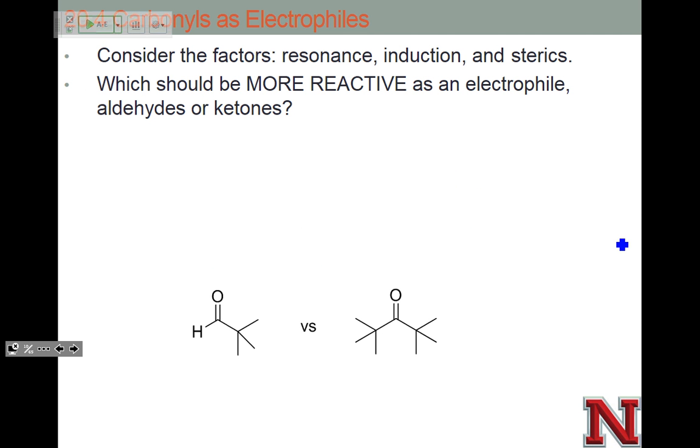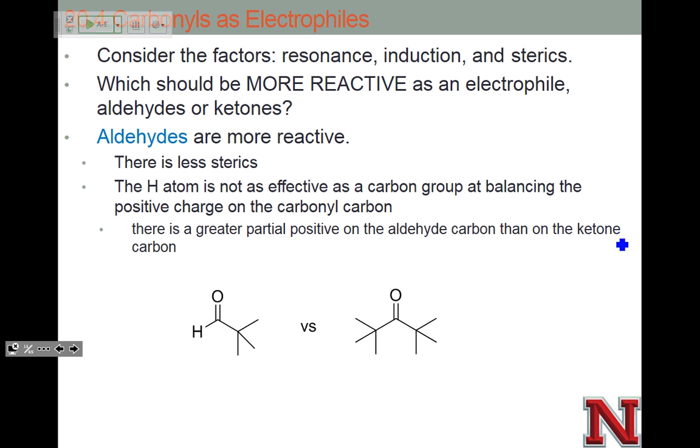So considering resonance, induction, and sterics, if we're looking between a ketone and an aldehyde, and we're trying to see if our carbon is going to act more as an electrophile, if our CO bond, of course, the aldehyde is going to be a faster reaction. Aldehydes are more reactive, both because of electronics and sterics, actually.